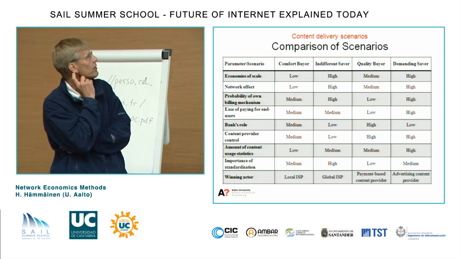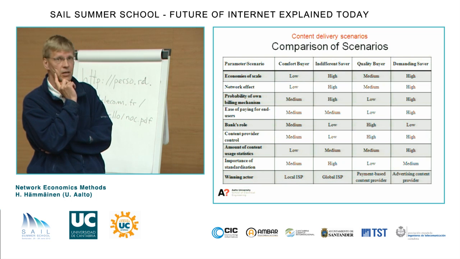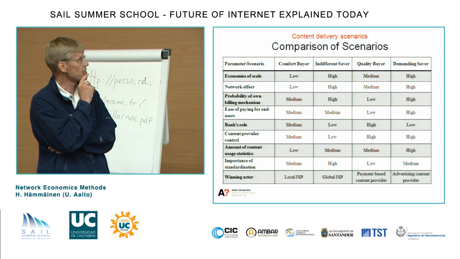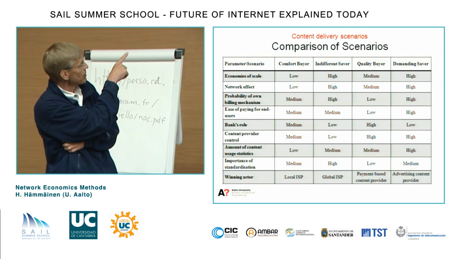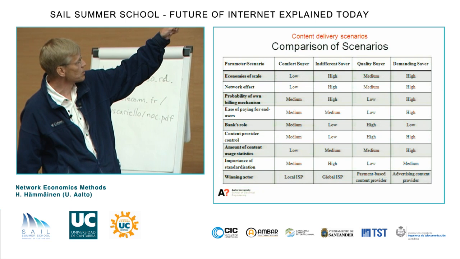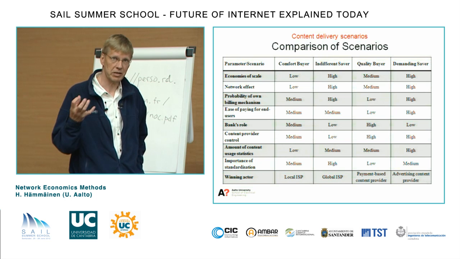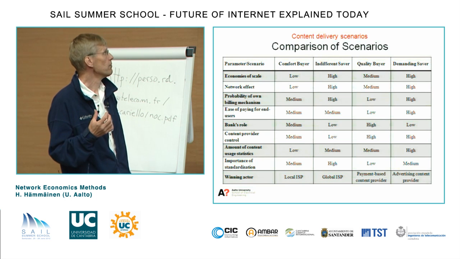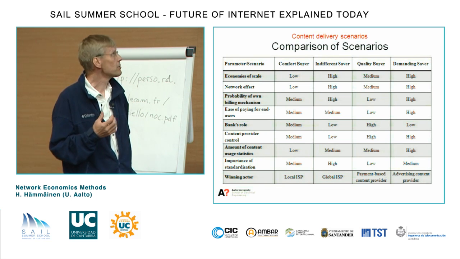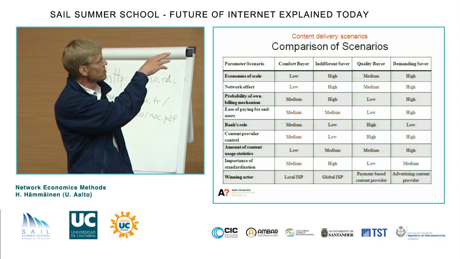And then if you take the final step, you combine what we have been discussing. You can see that on the left-hand side there is one winner. We can debate how clear that winner is, but one winner for each scenario.